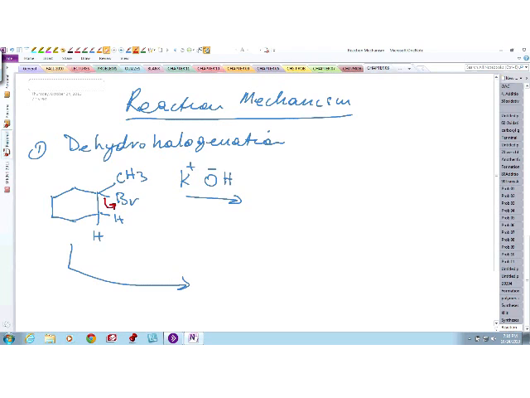The mechanism that I'm giving you here actually depends on the nature of the starting material. In this particular instance, since we are starting with this type of material, we are going to break this bromine carbon bond heterolytically. In other words, those two electrons will move to bromine, and then we'll have this.